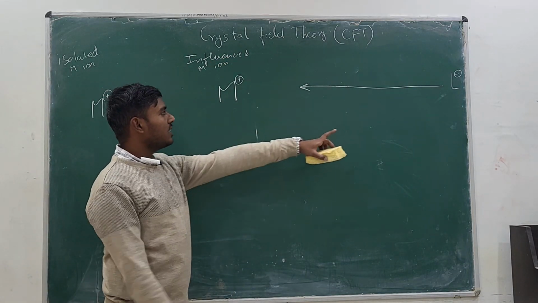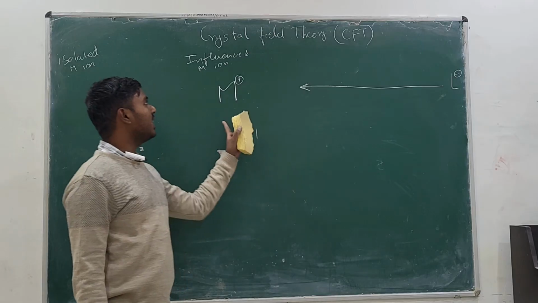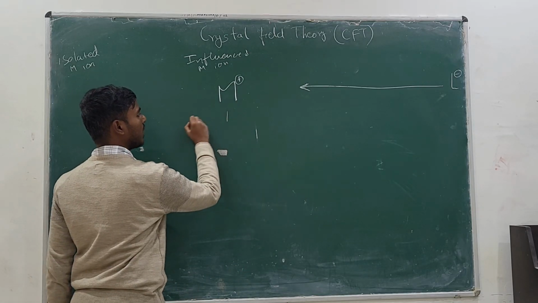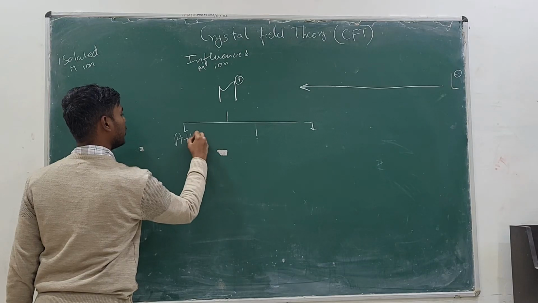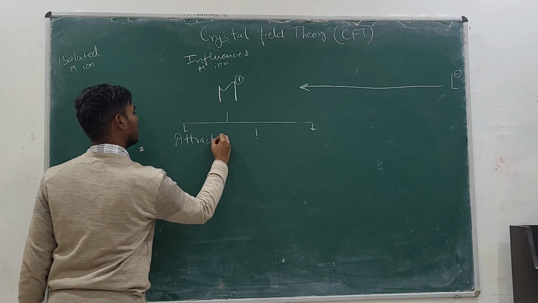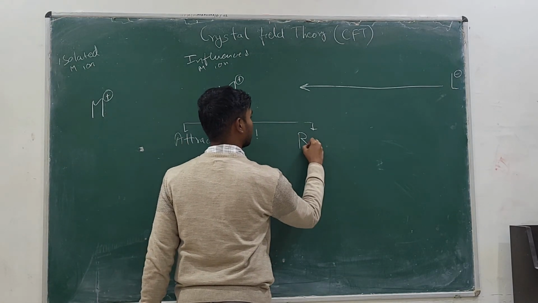So during this approaching of the ligand, our metal ion experiences two types of forces: attractive forces and repulsive forces.